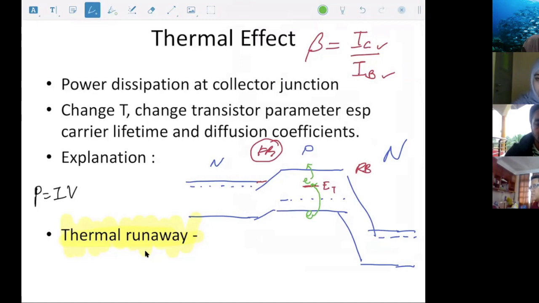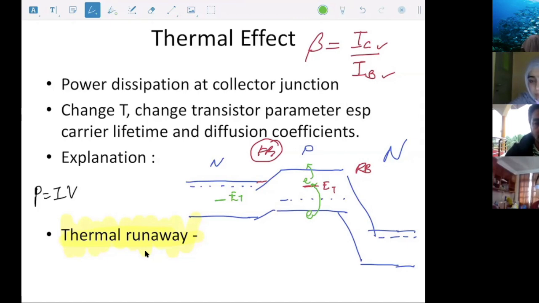If this is the trap level, a defect, some defects are empty. A defect is like a trap, like a hole, but don't confuse it with an electron hole. It's like a well: sometimes the well is empty, sometimes it's filled. So the trap is also like that.